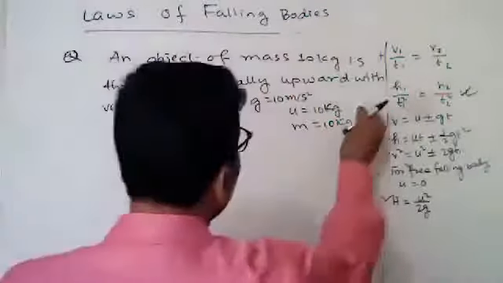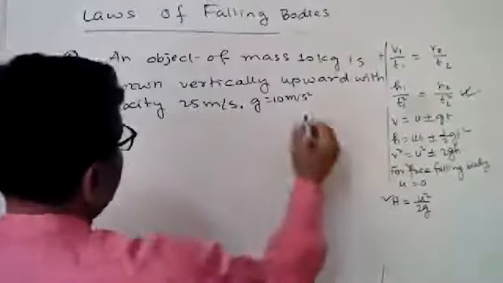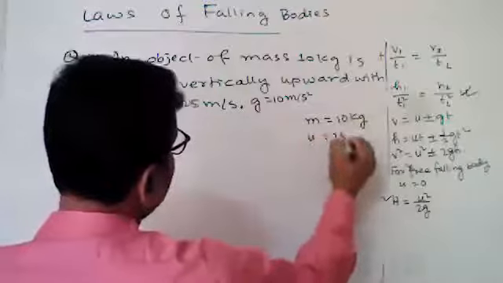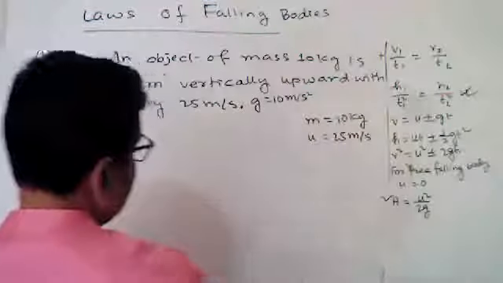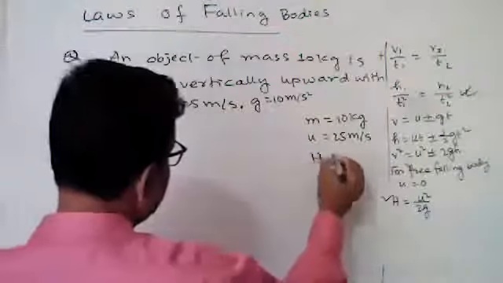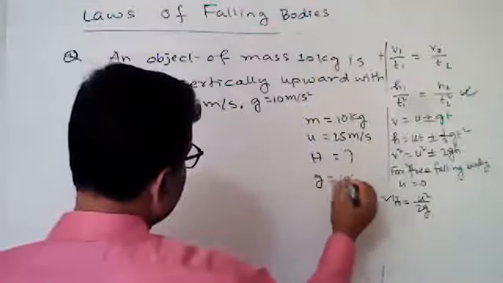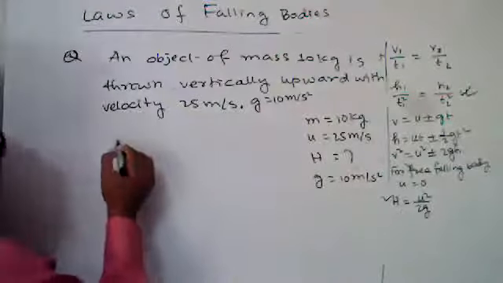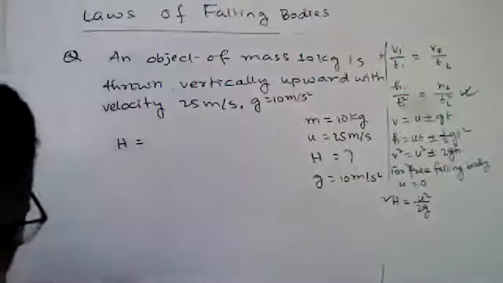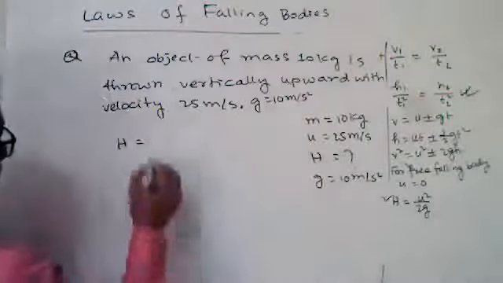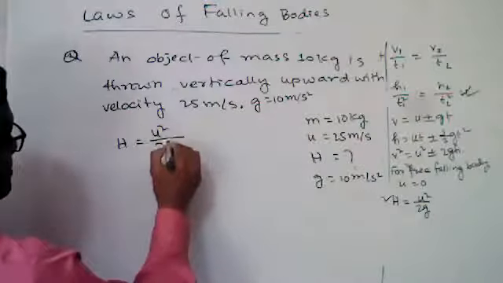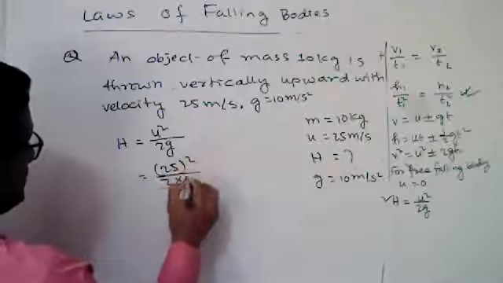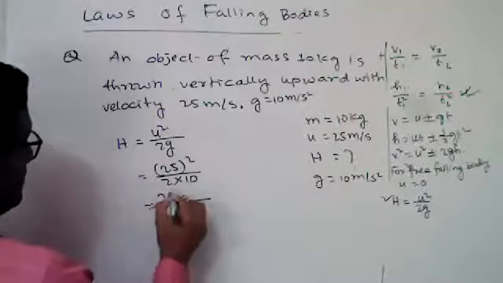So h equals to u square by 2g, which is 25 square by 2 into 10.